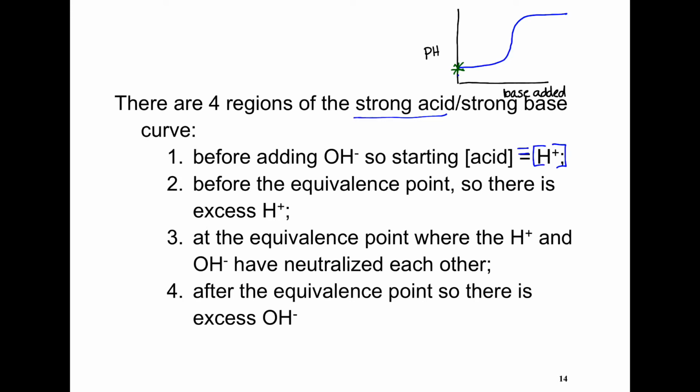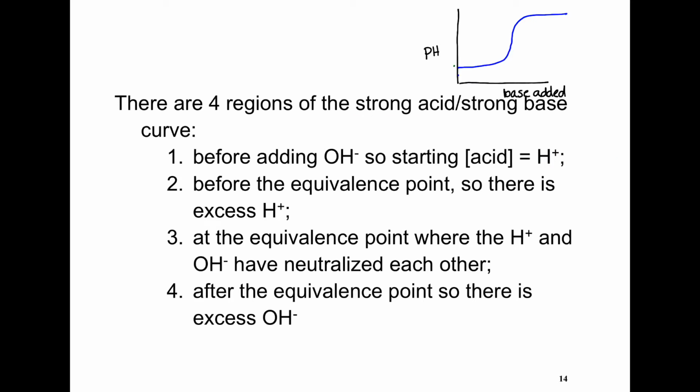That's because strong acids totally dissociate. So we can say that the concentration of hydrogen ions is just the concentration of acid, and that's helpful because pH is equal to the negative log of that hydrogen ion concentration. So we can use that to easily calculate the pH at the very beginning before the titration has even started.